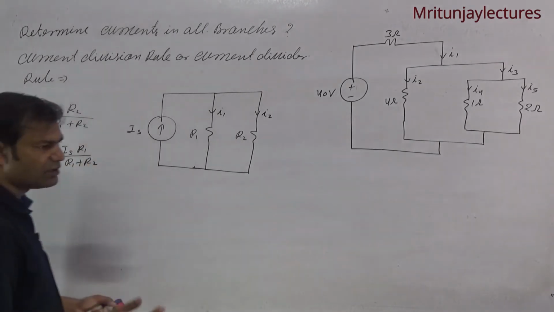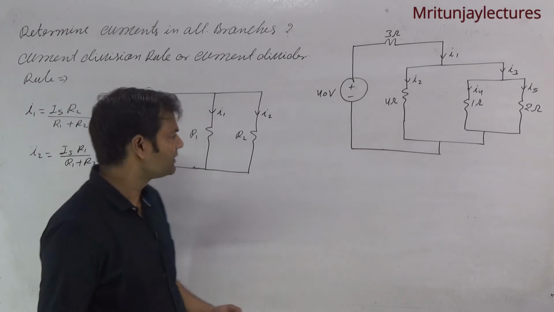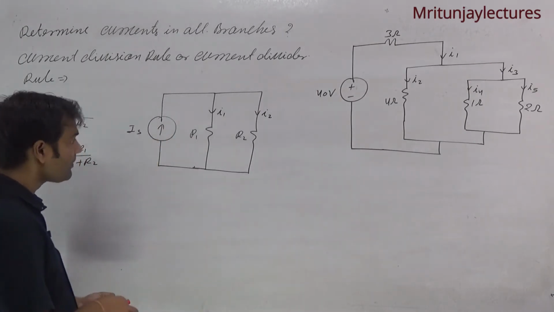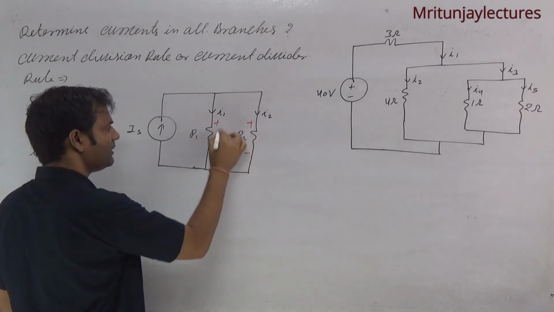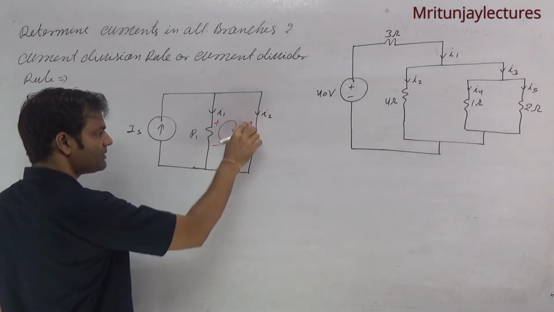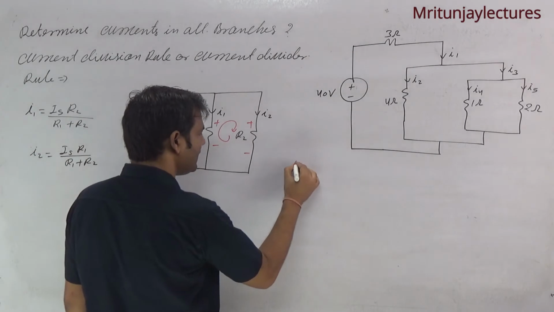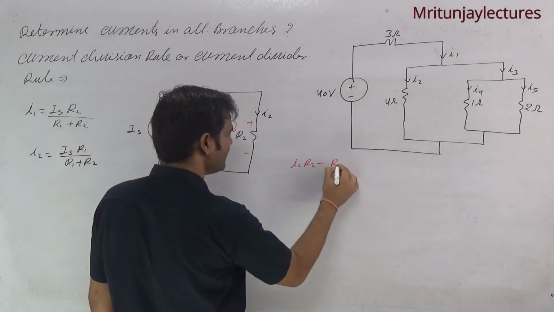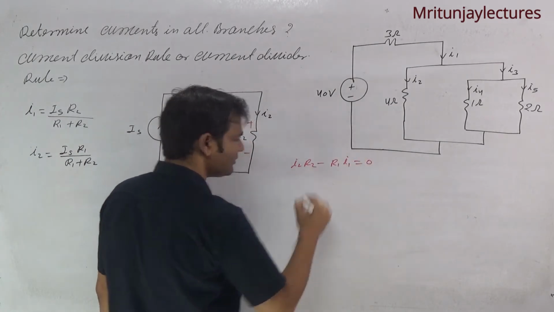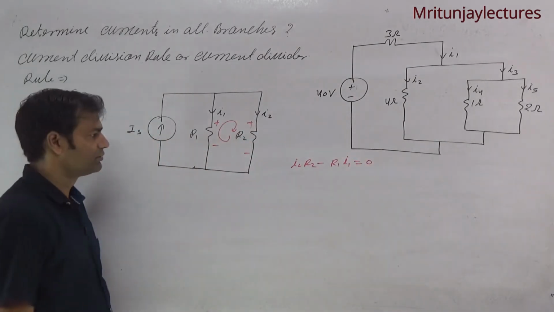Okay, if any doubt, then prove it. How to prove it? Apply KVL in this loop. Plus to minus, that is I2 into R2, and minus to plus, that is I1 into R1, is equal to 0.